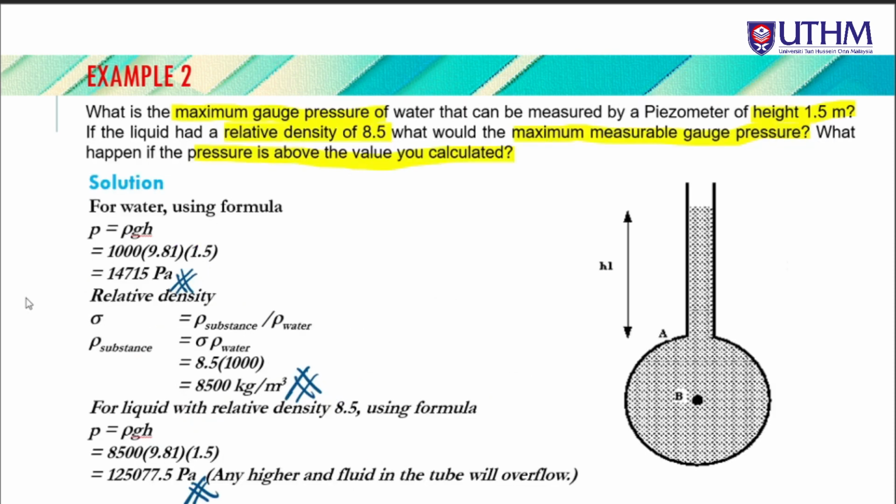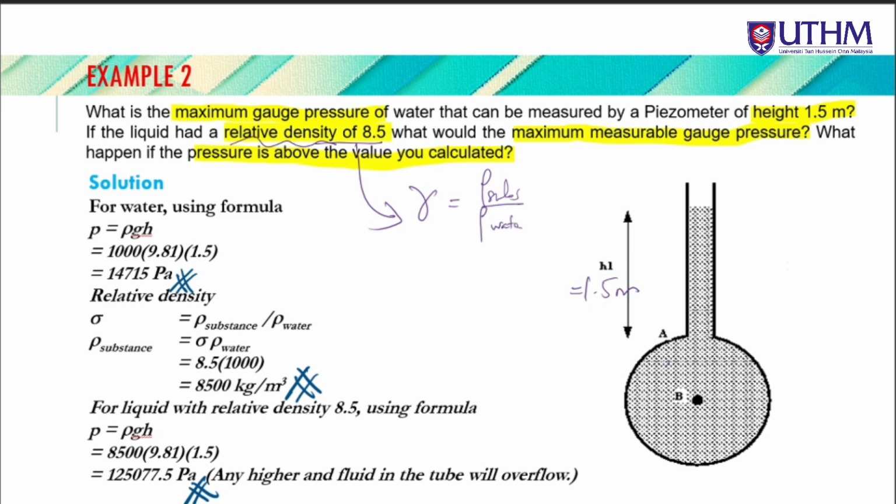so next, what is the maximum gauge pressure of water that can be measured by a piezometer of height equal to 1.5 meter? If let's say this one is equal to 1.5 meter kan. So if the liquid has a relative density, meaning bila cakap relative density ni pun saya dah mention sebelum ni, relative density is equal to the density of the substance over the density of water.